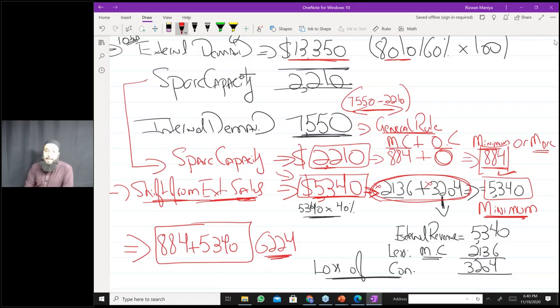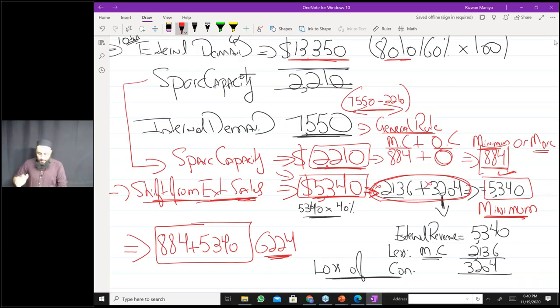I'm not saying that we want to sell this for 884, but it's the minimum at which we want to sell, and we'll try to get more. Because there is spare capacity, that is why I'm saying marginal cost only. Spare means extra capacity you have, unused capacity.